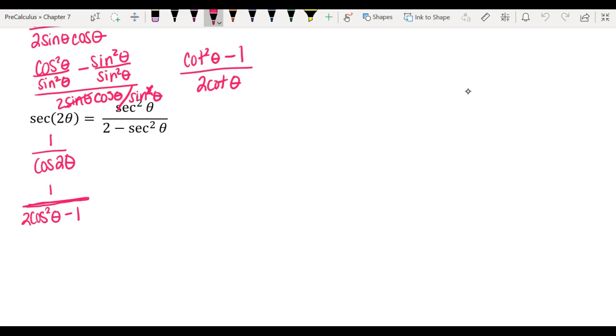Well, how do I get this to just be the number 2? Divide by cosine squared. If I divide by cosine squared, wouldn't this piece just be the number 2? But if I do it to 1, what do I have to do it to? All of them. So let's divide all of them by cosine squared.